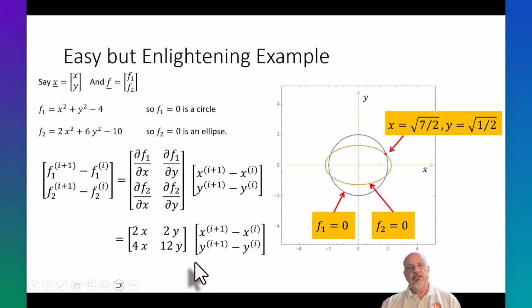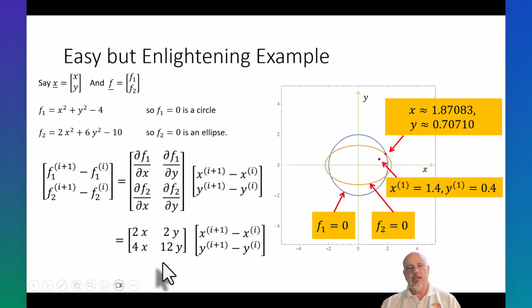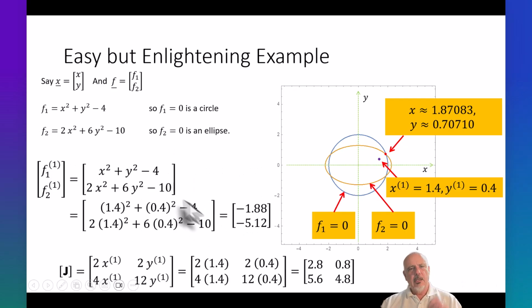Okay, so here's how we did it. We had functionally our J. The J is, from a variable standpoint, for these particular two curves, not going to change. It's just the x's and the y's that are going to change, right? And then again, we start from x is 1.4 and y is 0.4, and we figure out what our function values are. Remember, we've got that minus 1.88 and minus 5.12.